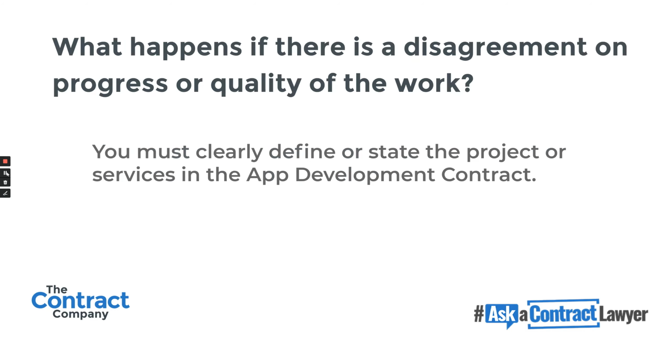What happens if there is disagreement on progress or quality of the work? Well, what happens then is everyone goes to the contract. Everyone looks at the contract and everyone tries to interpret the contract in a manner that assists them. That may sound like a flippant answer, but it's actually what happens. So the best thing you can do is actually be as precise as possible.